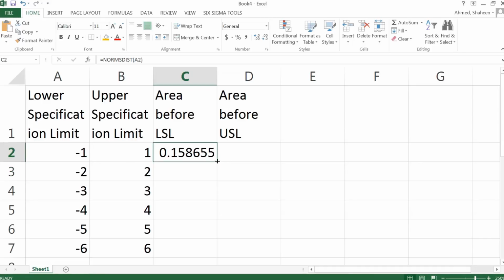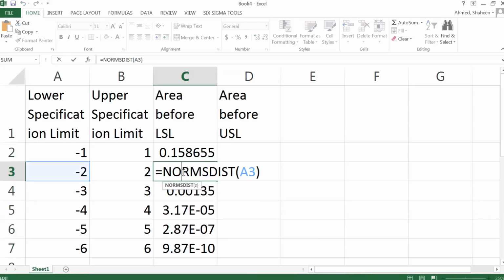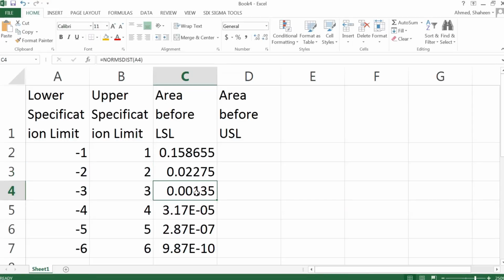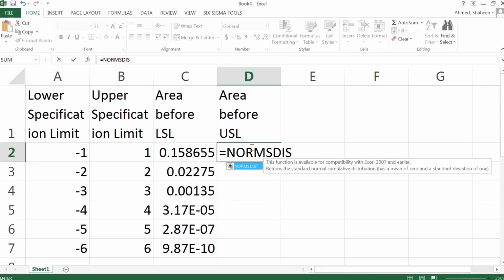Now I can copy this cell and it will calculate the probability for corresponding values. So this will calculate up to -2, this will calculate up to -3, and so on. And then we can calculate the area before 1, the same thing, NORMSDIST, parentheses, choose the value.